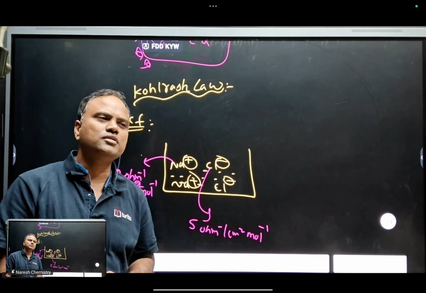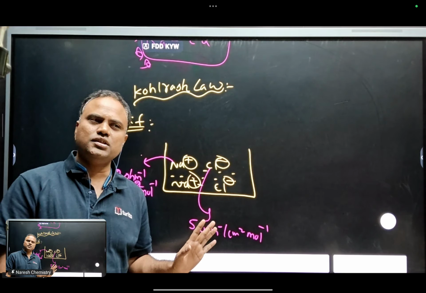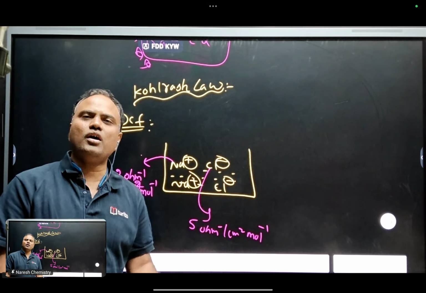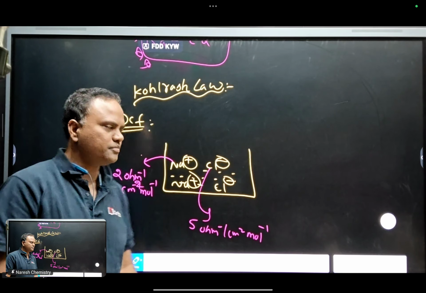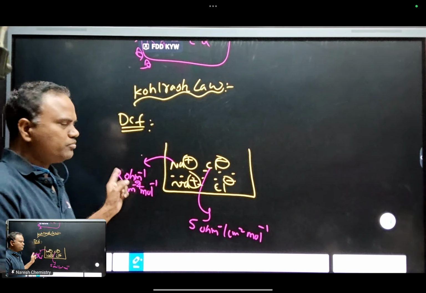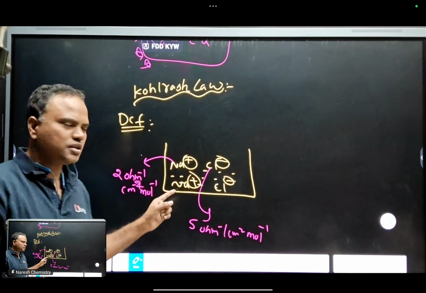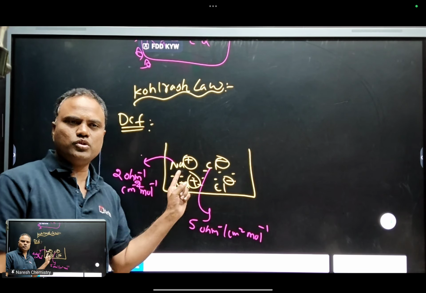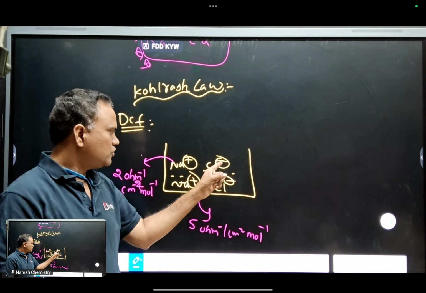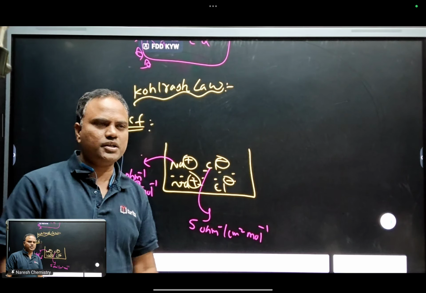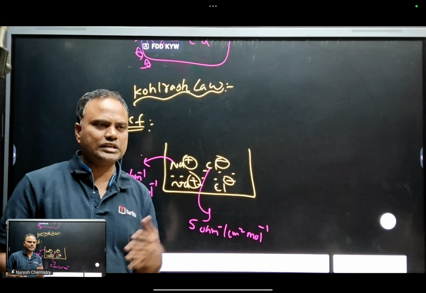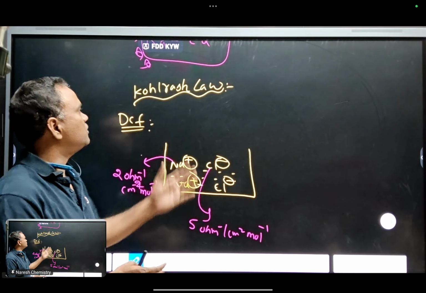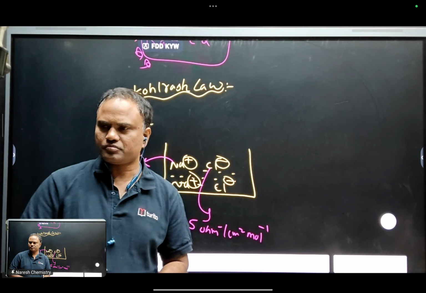You will add the conductances of all the ions, right? For each sodium, conductance is 2, and 2 sodium ions are there: 2 plus 2, 4. Then plus 5 and plus 5. Total, we add the conductances of the ions. That is called Kohlrausch law.